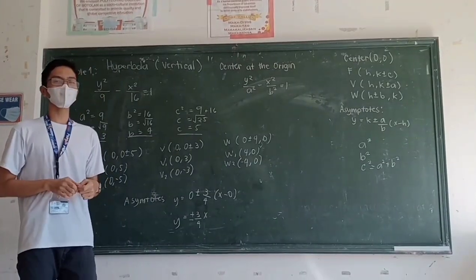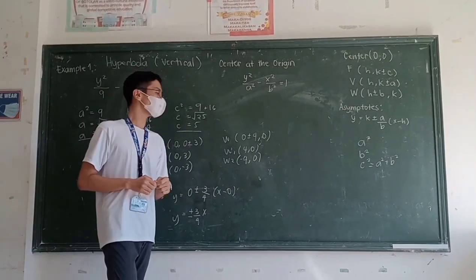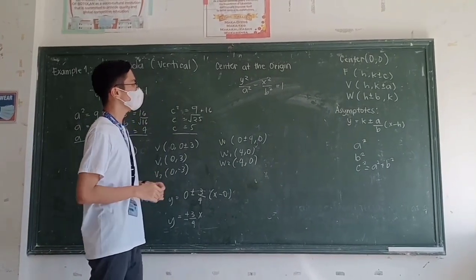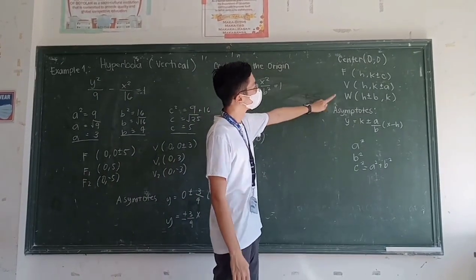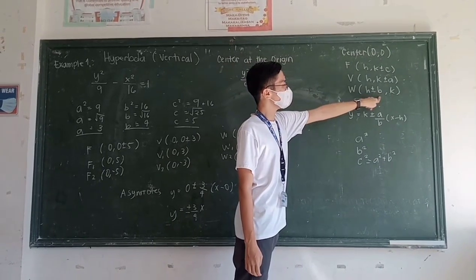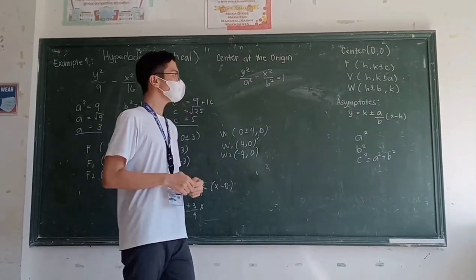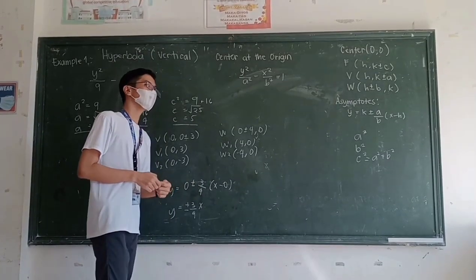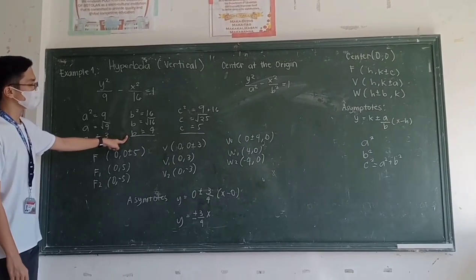After we find the coordinates of foci and vertices, now let us proceed in finding the coordinates of co-vertices. In finding the coordinates of co-vertices, we should follow this: co-vertices is (h plus and minus b, k). Since the center of our hyperbola is at the origin, the coordinates of its center is (0, 0). b is equal to 4.